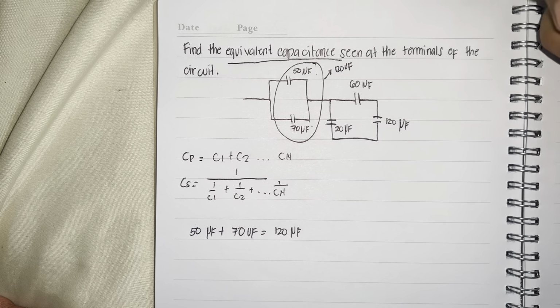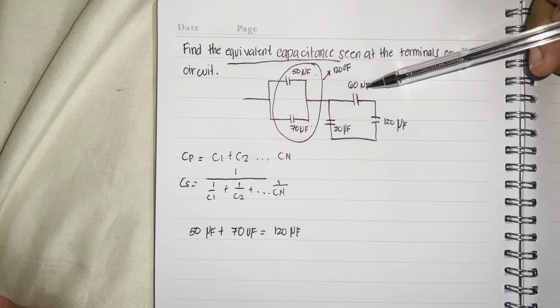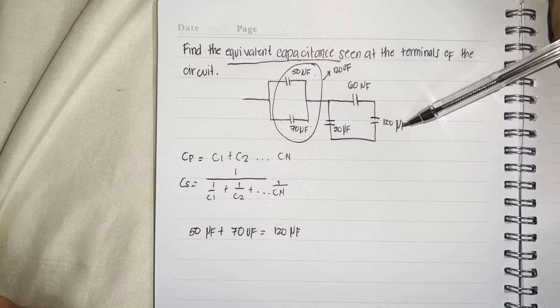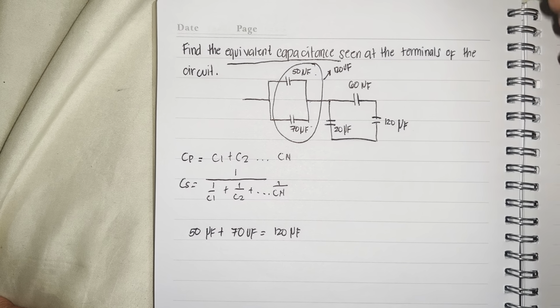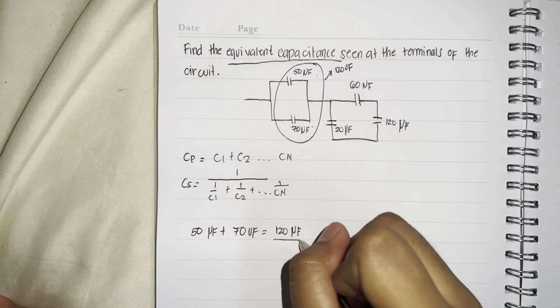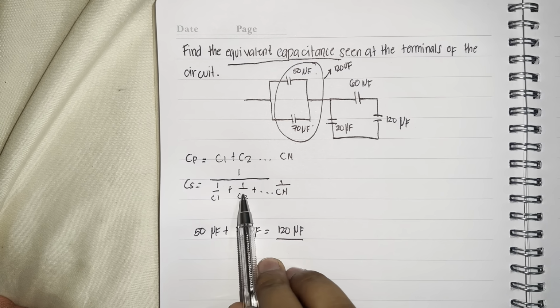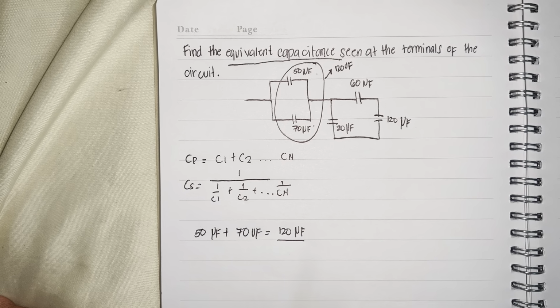Now, as you can see in the circuit, this 60 and 120 are in series, so we will solve this one in series. So we will use this one.